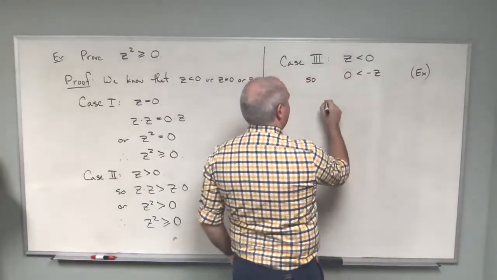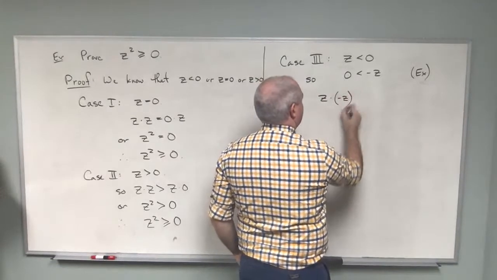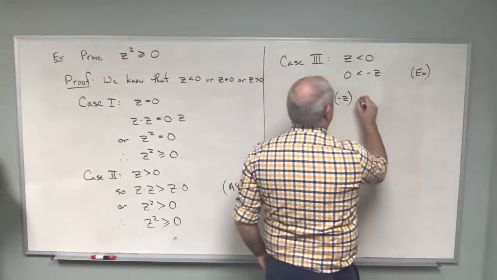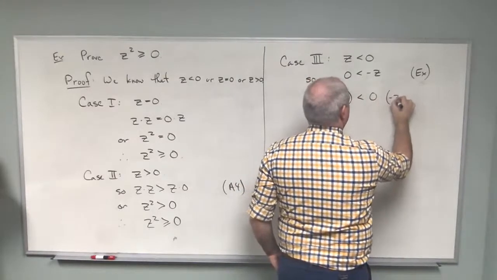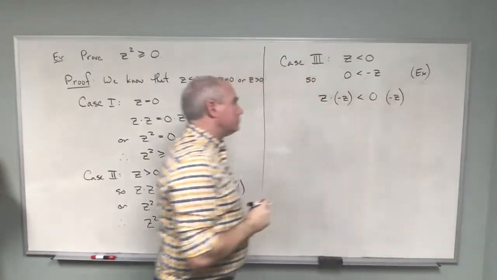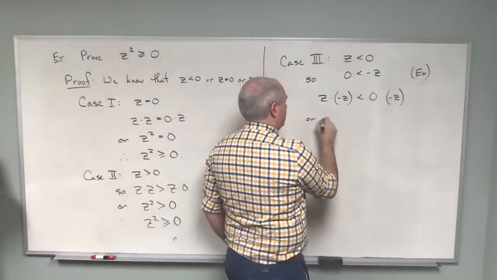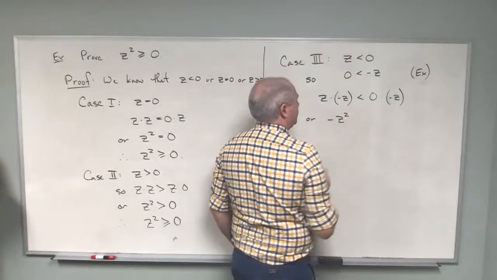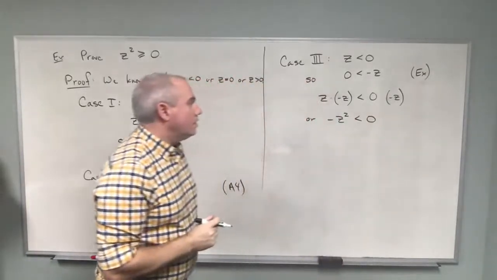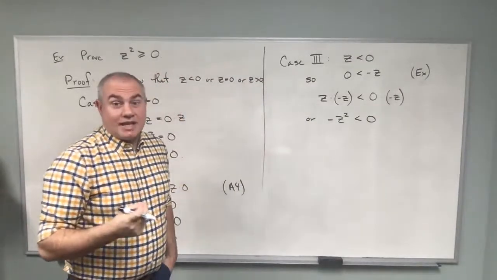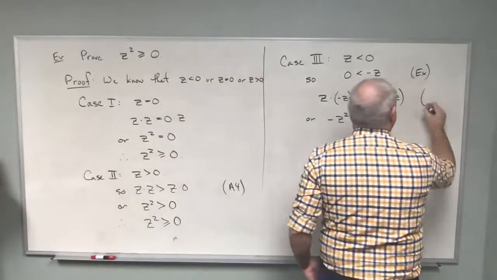If I do, I get that z times negative z is less than 0 times negative z, or I get that negative z squared is less than 0. By the way, I just used one of my axioms right here.